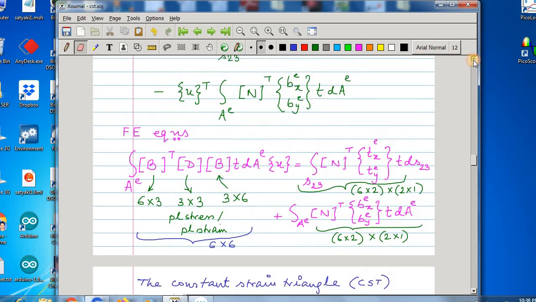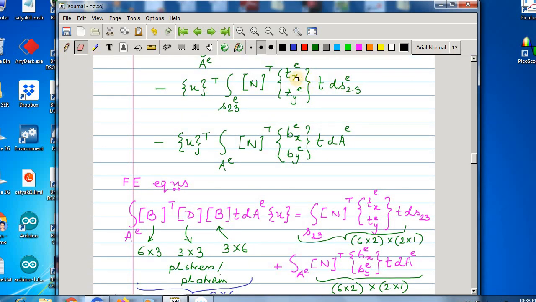So again I repeatedly tell you that when you are specifying txe and tye as force per unit area, then this t has to be there and this is a length variable, and when you specify bxe bye as force per unit volume, then t has to be there and this is infinitesimal area.